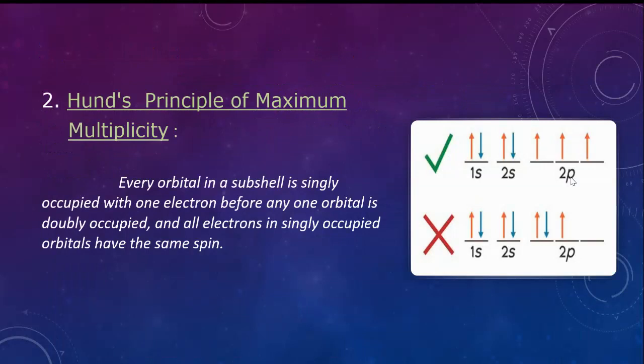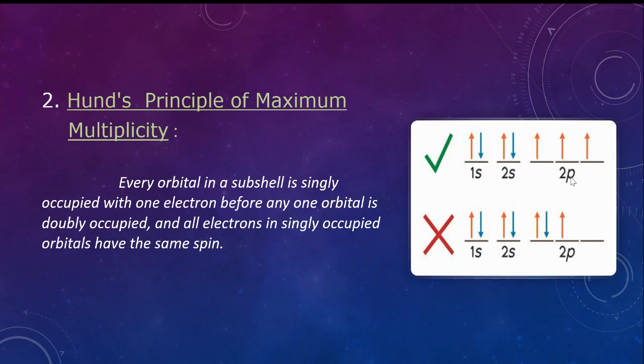Another example, we will take oxygen. Oxygen has atomic number 8. When we write the configuration, it is 1s2, 2s2, 2p4. That means there are 2 electrons in the 2s and 4 electrons in the 2p.